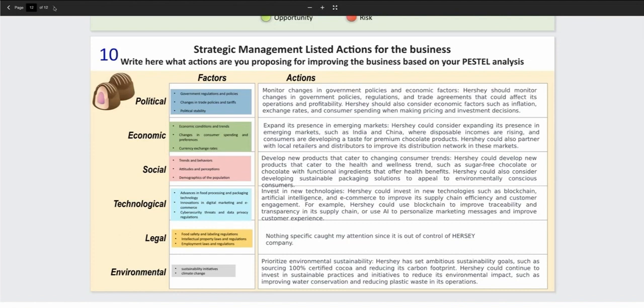So Hershey should monitor changes in government policies, regulations, and trade agreements that could affect its operations and profitability. Hershey's should also consider economic factors such as inflation, exchange rates, and consumer spending when making pricing and investment decisions.